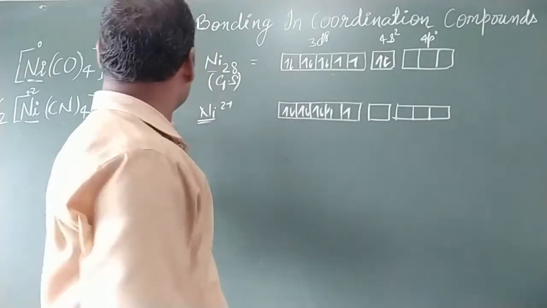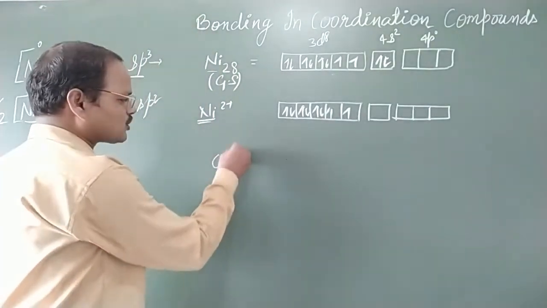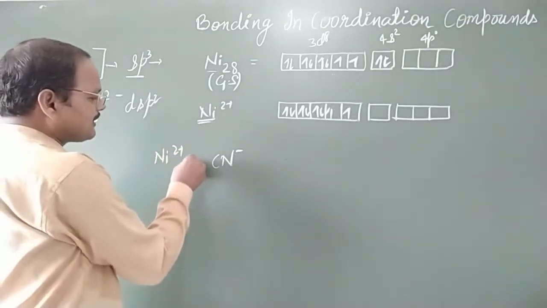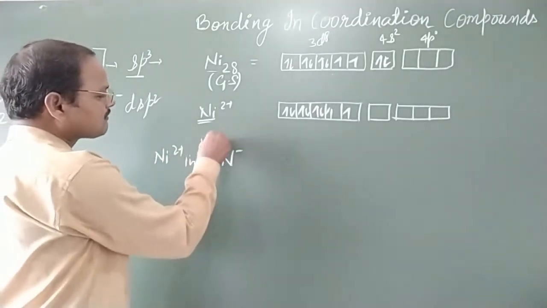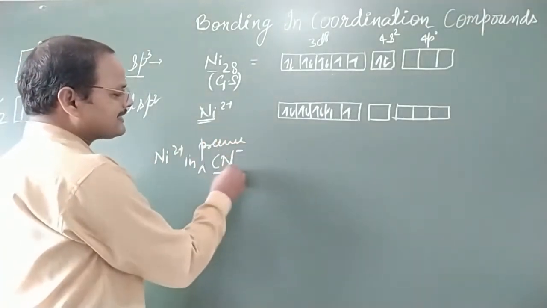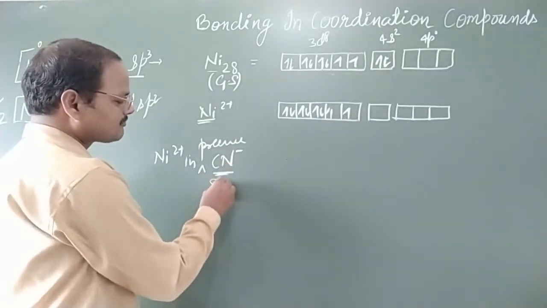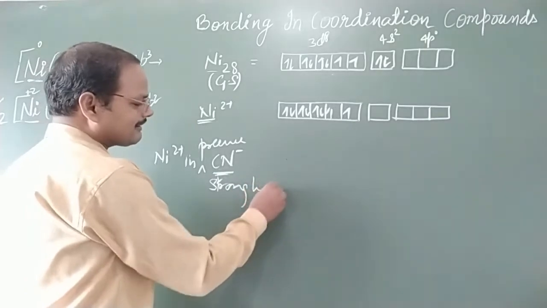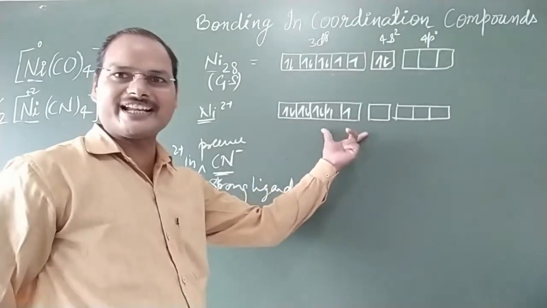So, Ni2+ in presence of CN, a strong ligand, what will happen? Pairing will take place.